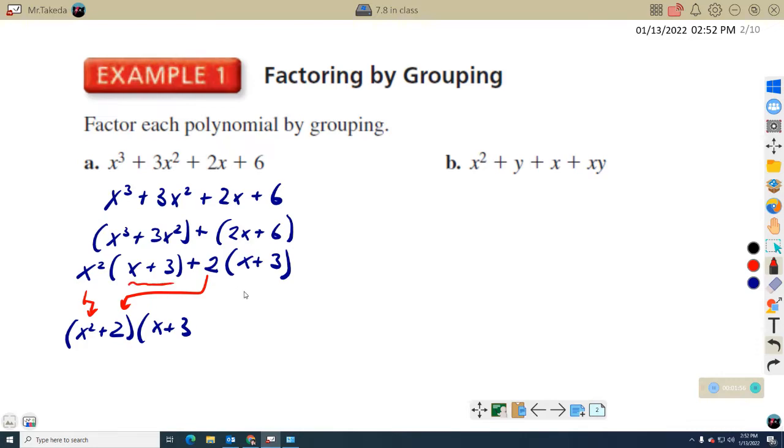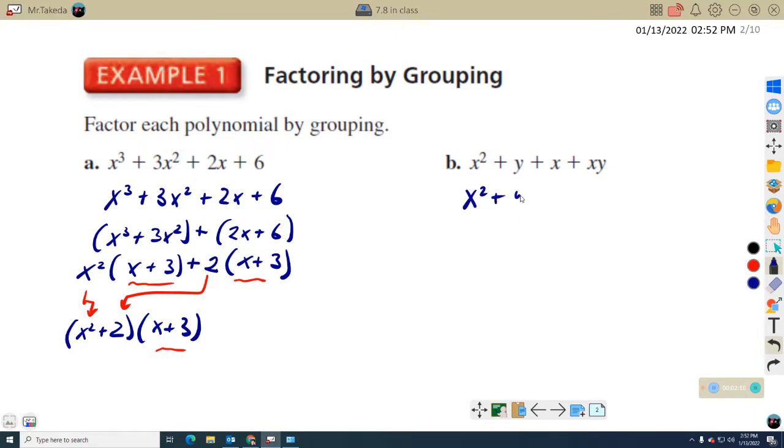That's these two things. What happened to this thing? Is this. So it's the two outside factors added together, multiplied by the common factor of x plus 3. That's factoring by grouping. Let's take a look at the second example here.